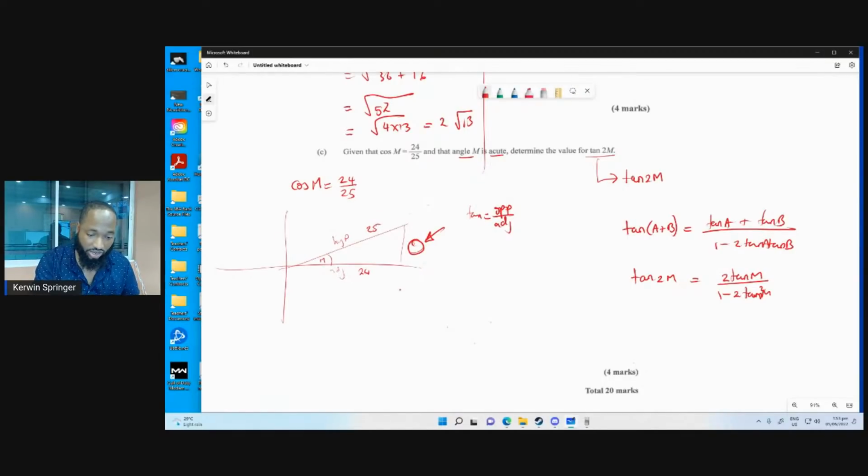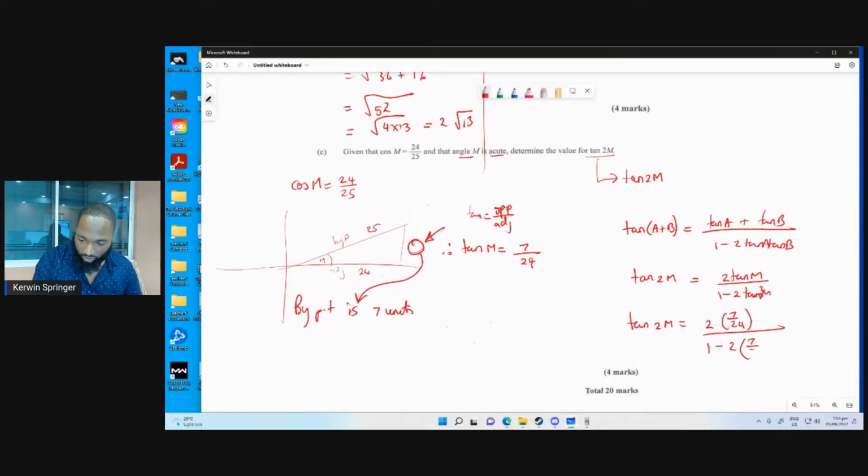So tan of m is equal to 7 over 24. So we just need to substitute now. Tan of 2m would be 2 by 7 over 24, all over 1 minus 7 over 24 squared. Opposite over adjacent, right? Yeah, cool.